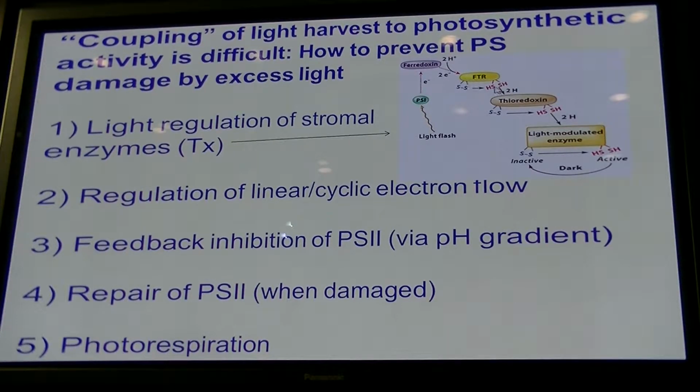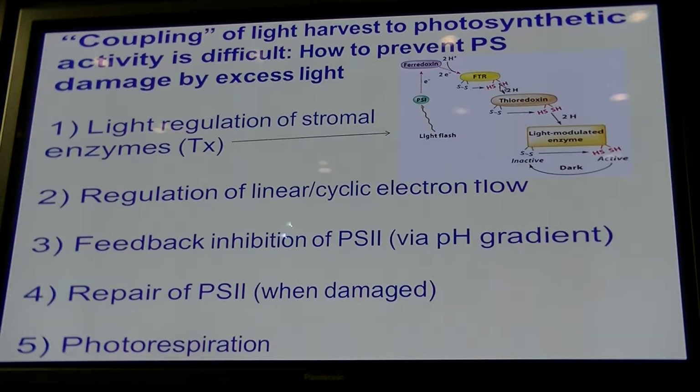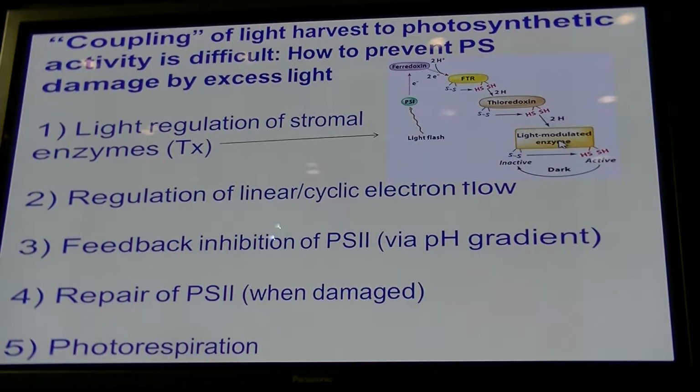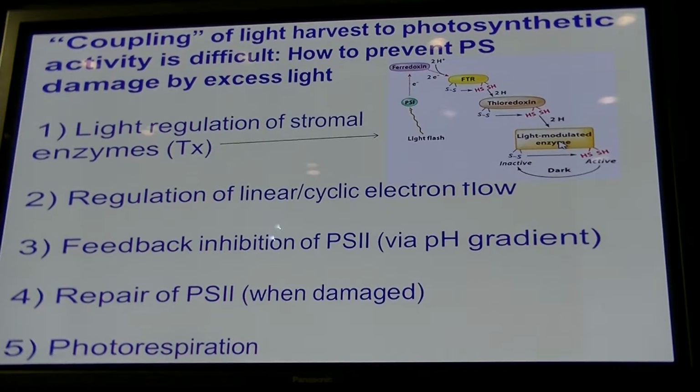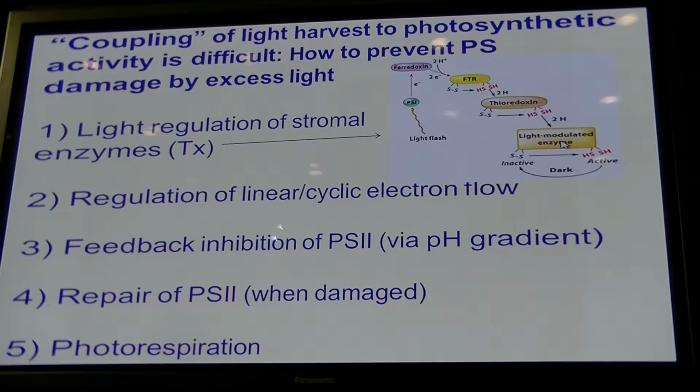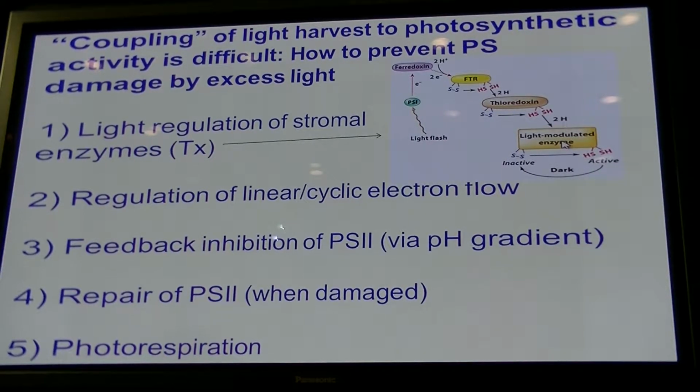The presence of that reduced cysteine serves as a signal to directly activate another protein, which then activates 3 of the Calvin cycle enzymes. So essentially, in the light, the Calvin cycle is turned on. In the dark, all of these reactions are reversed, and the Calvin cycle enzymes become inactivated.